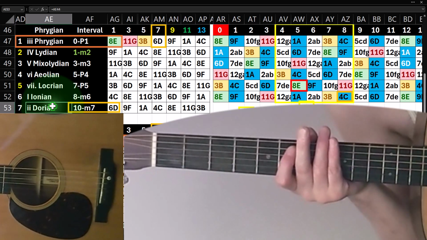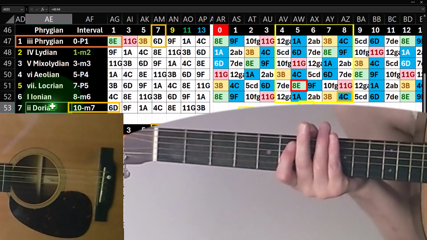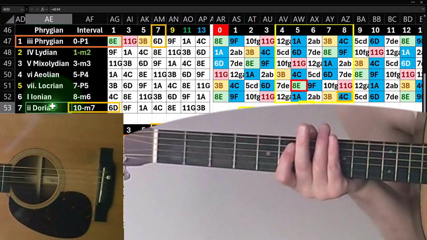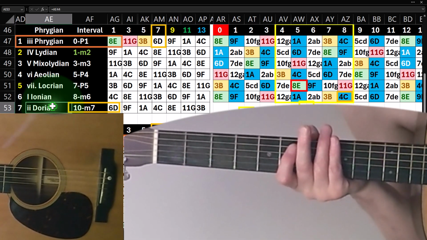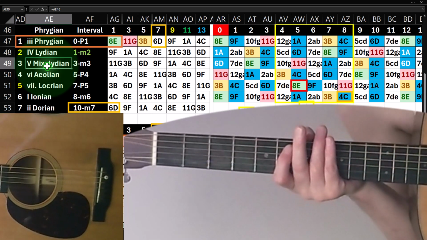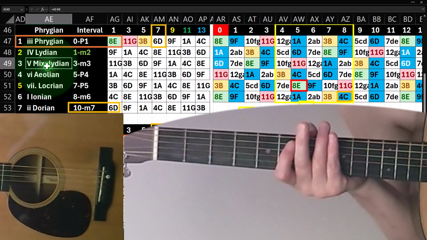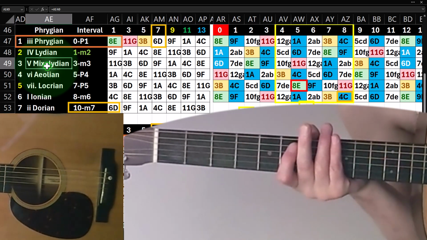But on the major side, they're not all major 7s, right? The Ionian or major scale has a major 7. And so does the Lydian, but the Mixolydian has the flat 7. That's why when we learn the triad chord constructions, the 1, 3, 5, it doesn't help us.